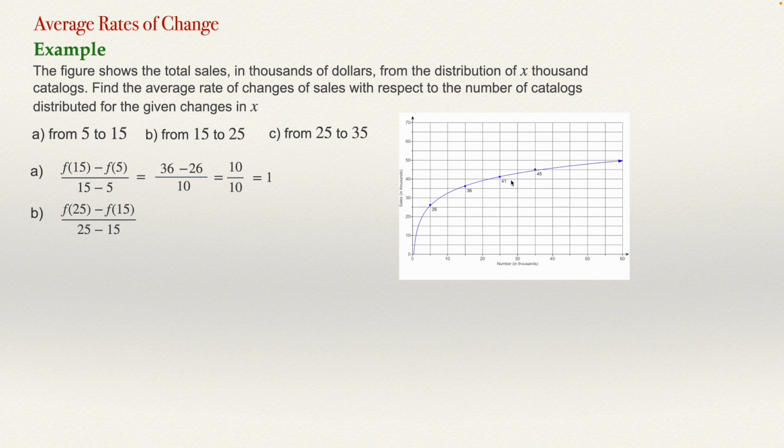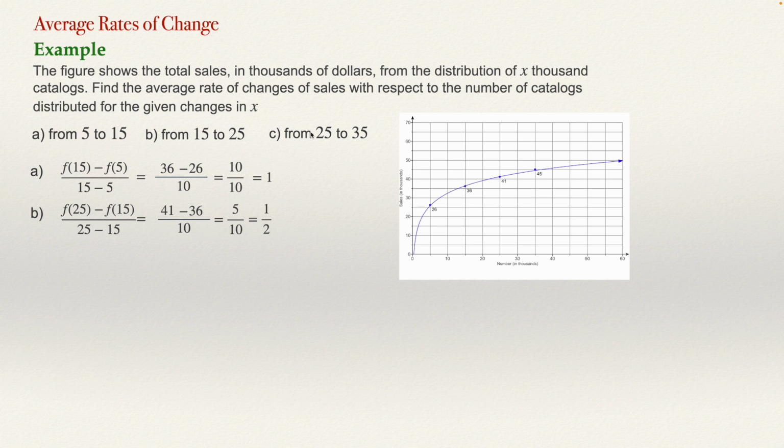So here will be 41 minus 36, divided by, in this case, 25 minus 15. So in this case we have 5 over 10, and this is 1/2. So I noticed then that the average rate of change also changes. And you notice the change here. The slope between these two points is bigger than the slope between these two points.